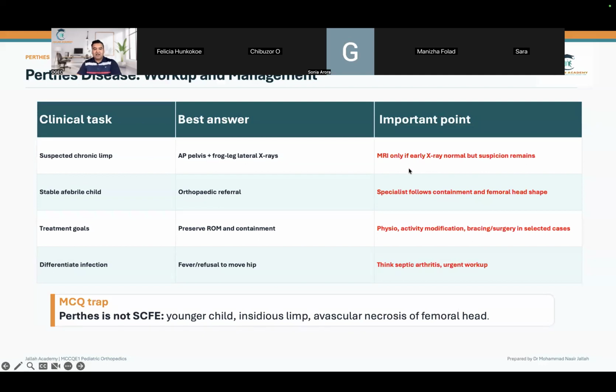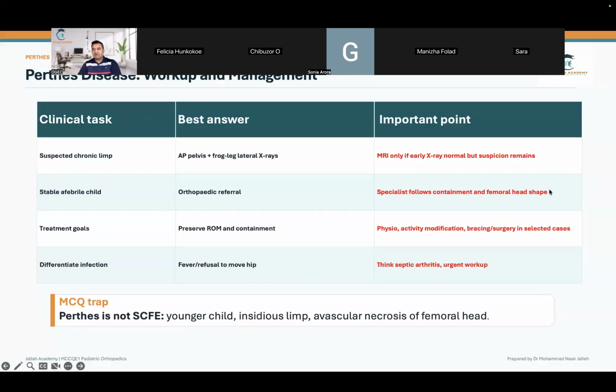But again, if that is really something you're seriously considering and X-ray is not showing anything, you order MRI and refer. Okay? A stable afebrile child, orthopedics referral. Afebrile, stable, but still limping, right?